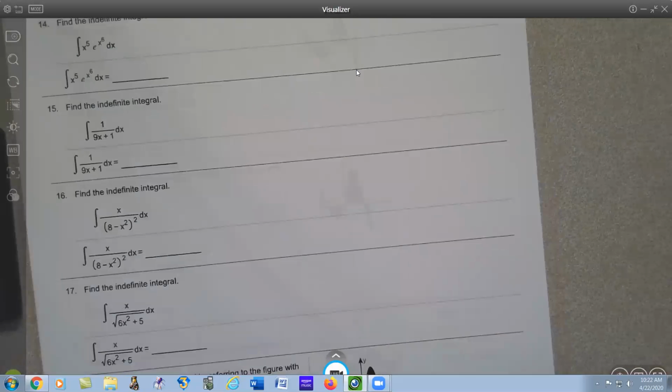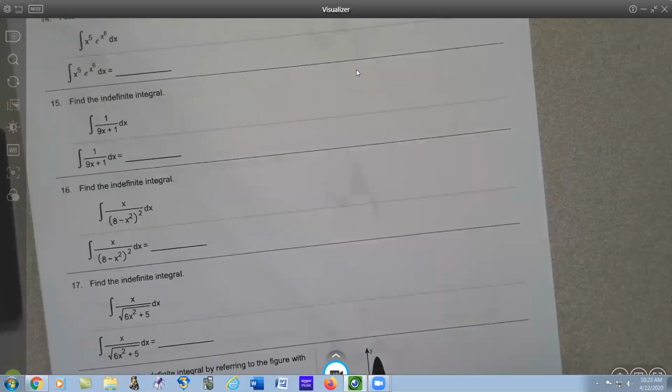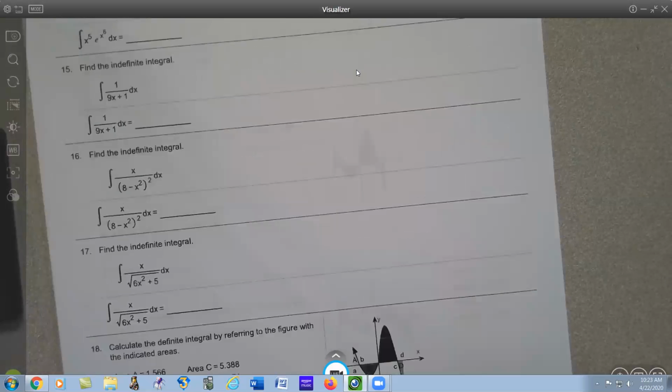Any of these? Because all of these, let me see, what was that first one? 11 all the way down through 17. Those are all U substitutions, every one of them. So do you see any that you might like to see?